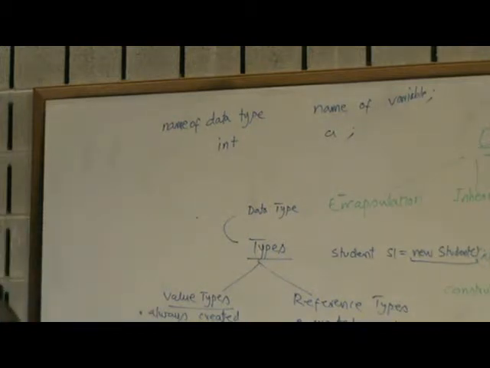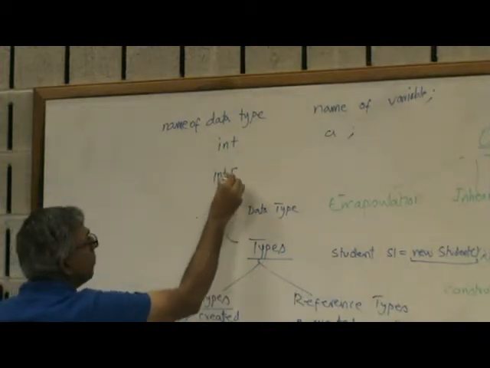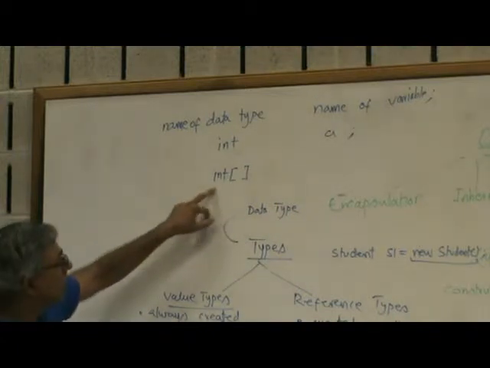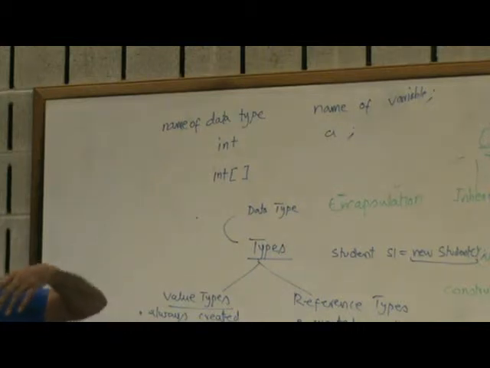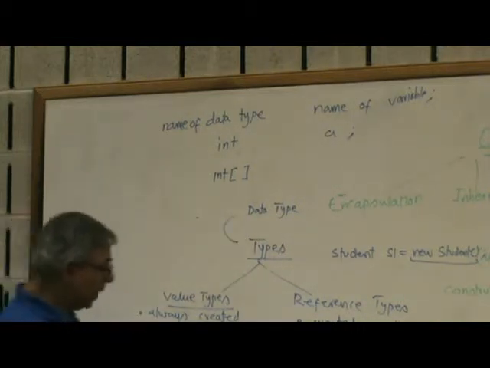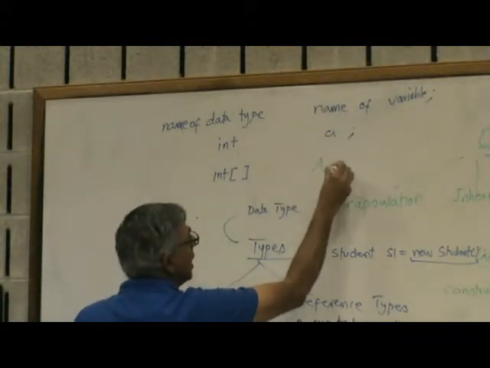Now if we wanted to create an array of integers, the name of the data type becomes followed by an empty square bracket. Anytime you see some data type followed by empty square bracket, that means it's an array of that data type. So the way we will declare an array will be int, for example, A.